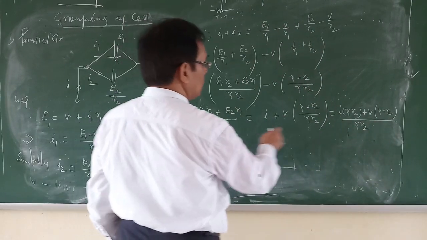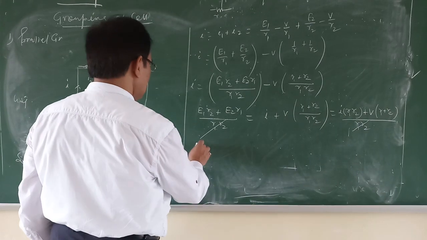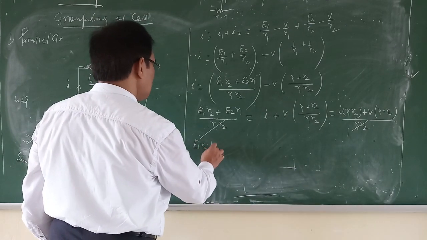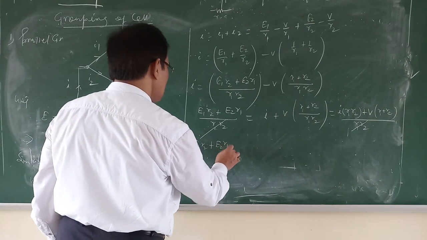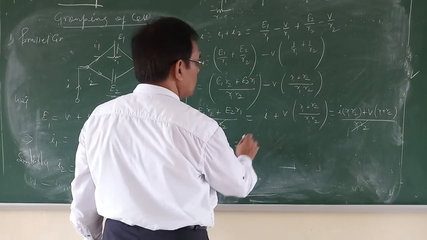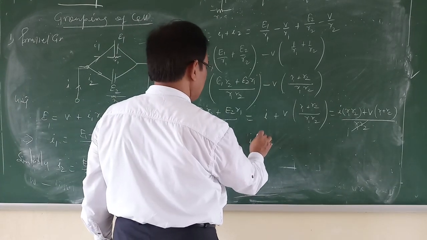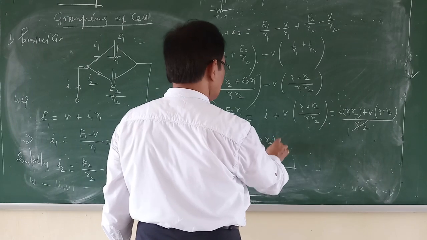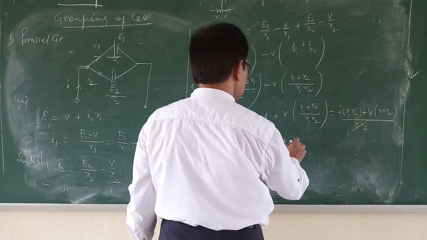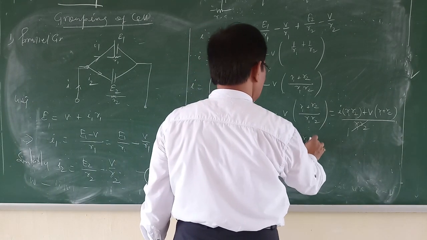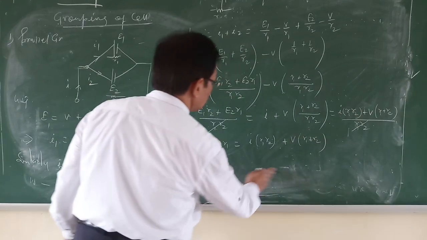So here this R1 R2 cancel. So now E1 R2 + E2 R1 equal to I R1 R2 + V(R1 + R2).